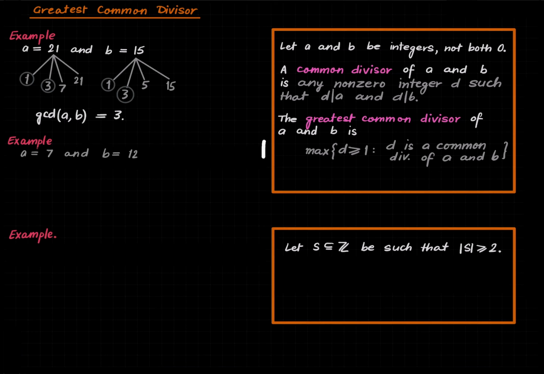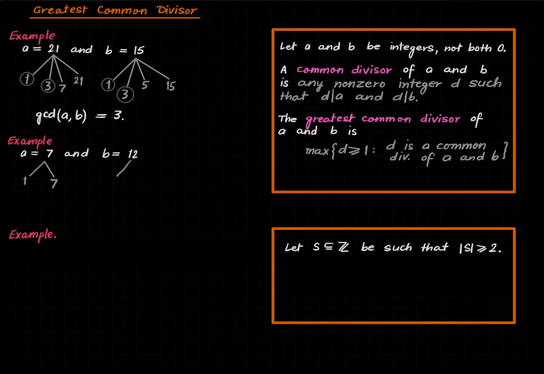Another example. Suppose a is 7 and b is 12. What are the divisors of 7? 7 is a prime. It has only 2 positive divisors. So when I said divisors, I was just referring to positive divisors, although divisors can be negative. Anyway, what are the 2 positive divisors of 7? 1 and 7.